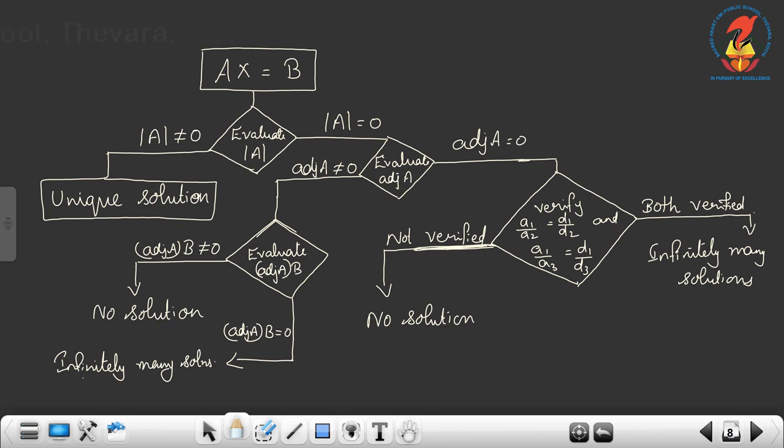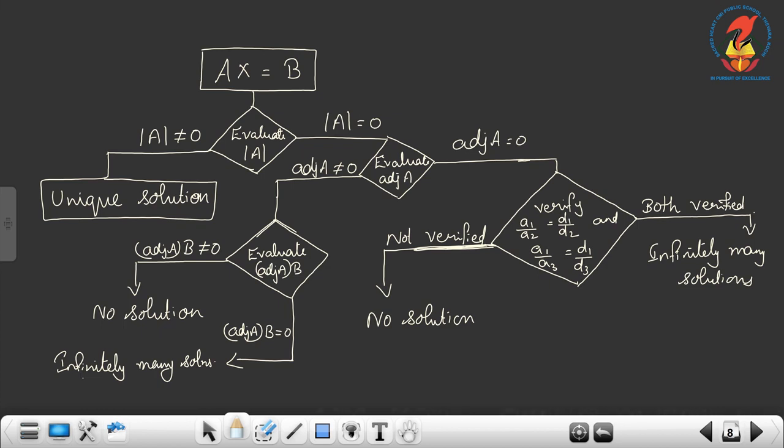So if determinant A not equal to 0, unique solution you will get. If determinant A is equal to 0, you have to calculate adjoint of A, then find adjoint of A into B. If that is not equal to 0, you can conclude no solution.